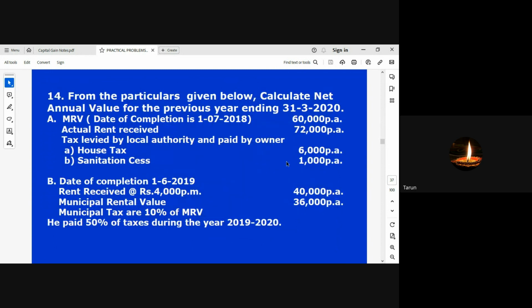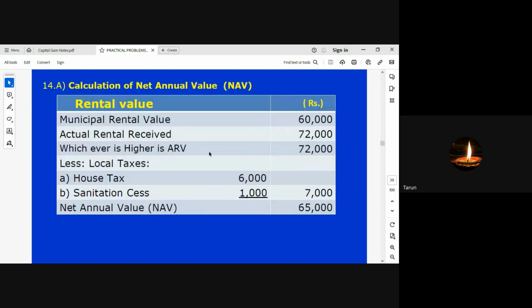Whichever is the higher value is called the annual rental value. So once we get the annual rental value, we have to deduct the local taxes from it. Once we deduct all the taxes, we will get the net annual value.